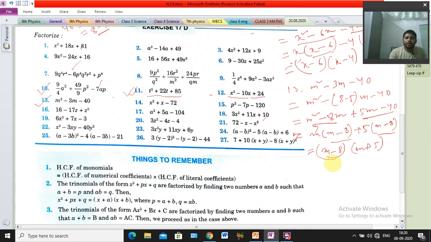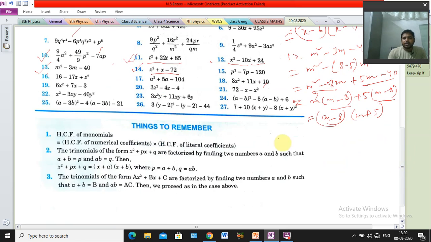Next, question number 14: x square plus x minus 72. Write it. Easy question. What to do, sir?